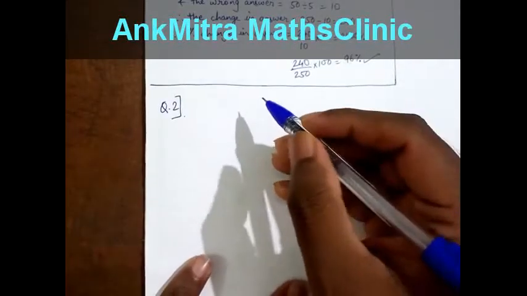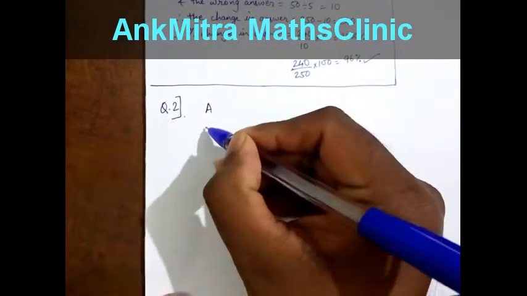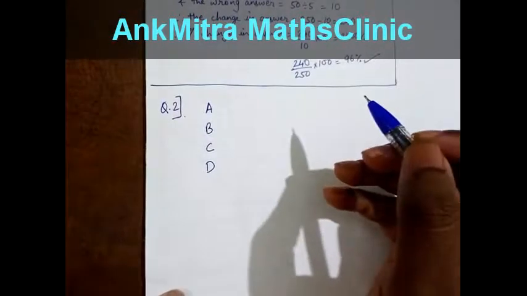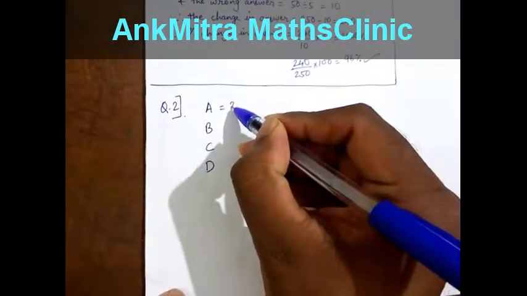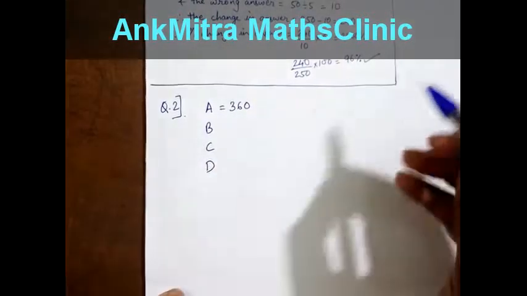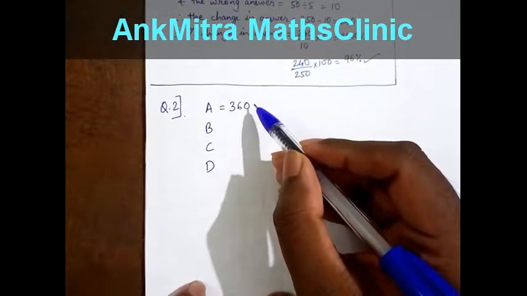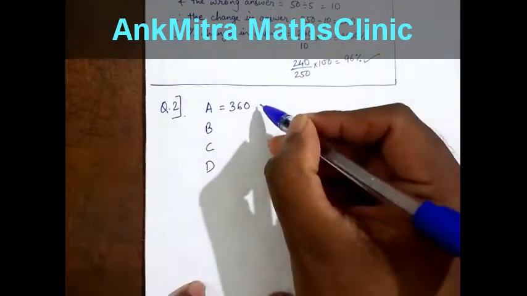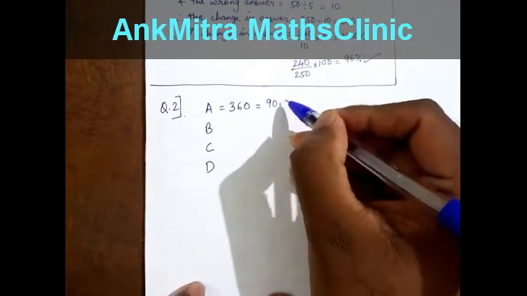In the question, it is given that there are 4 students, A, B, C and D. They are given that A has scored 360 marks out of a total of 500. Then they have also given that A has scored 10% marks less than B. That means A's marks are actually 90% of B's marks.